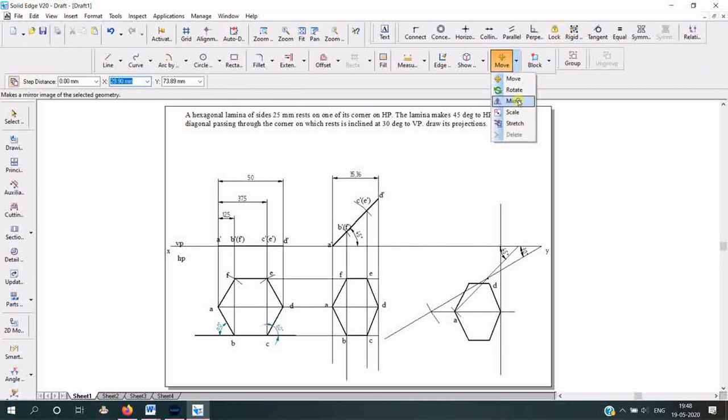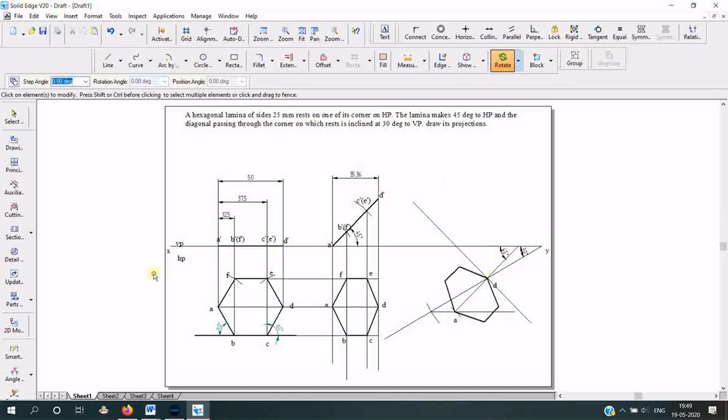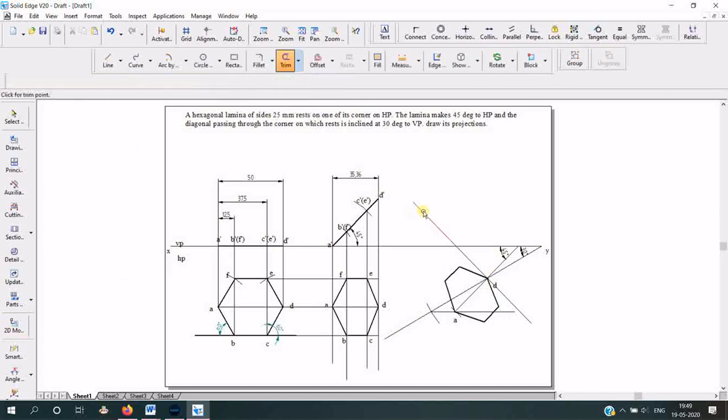Next go to rotate. Select. Move a copy, switch it off here. Remove this extra projected line.